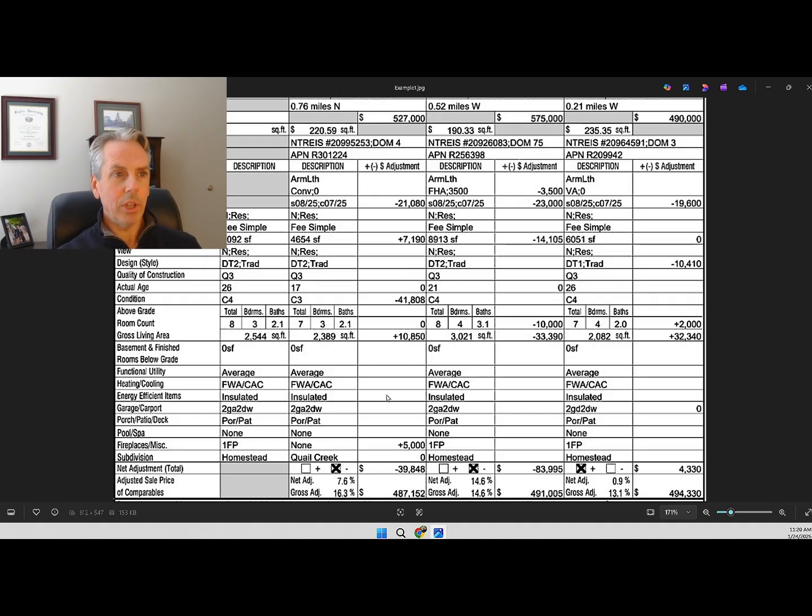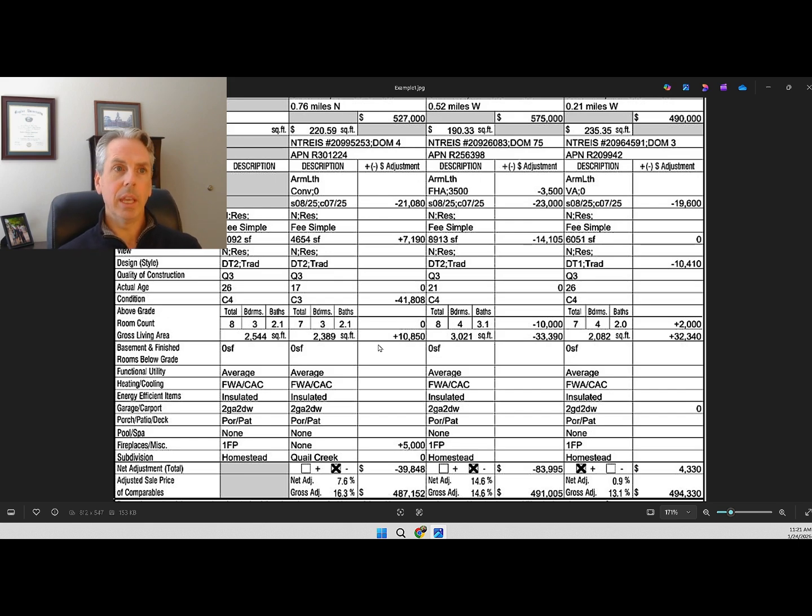So if we're just isolating these two sales together and looking at what each one says, we have to admit that the gross living area adjustment and the site adjustment are tied together. I cannot support the site adjustment without considering what the gross living area adjustment is.